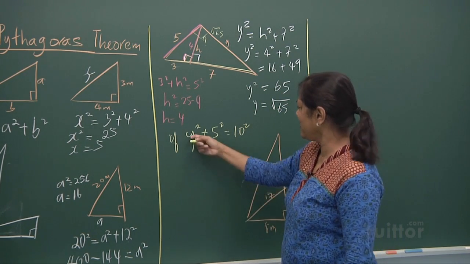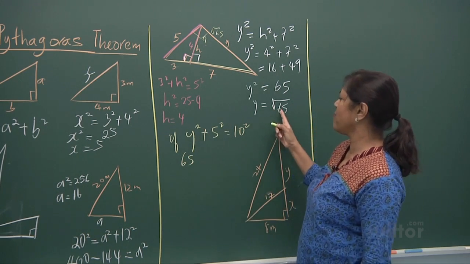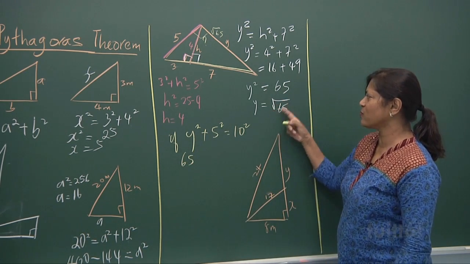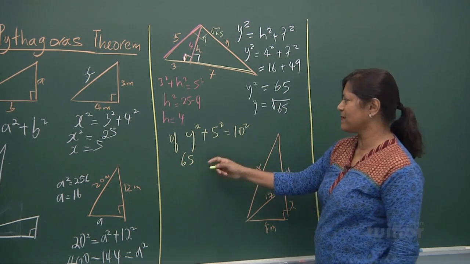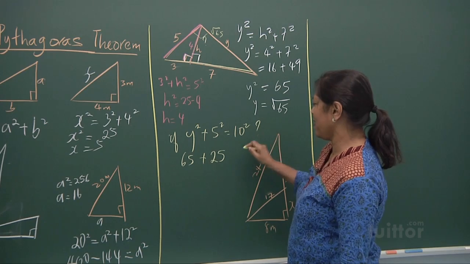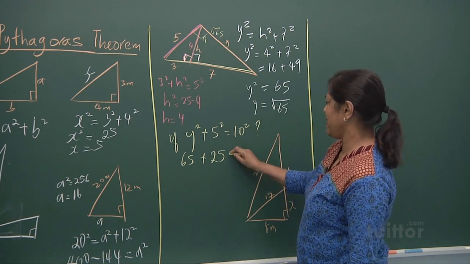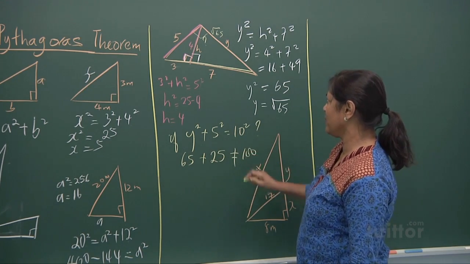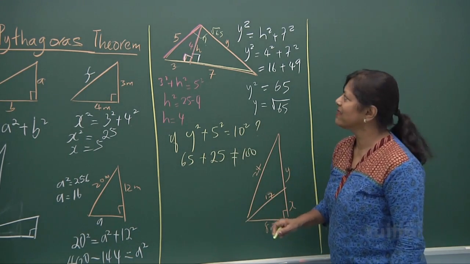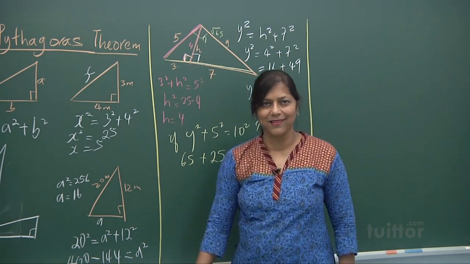Let's find out. When you square the square root of 65, it becomes 65, and this is 25. You get 90, and 90 is not equal to 100. Hence, this angle here is not 90 degrees.